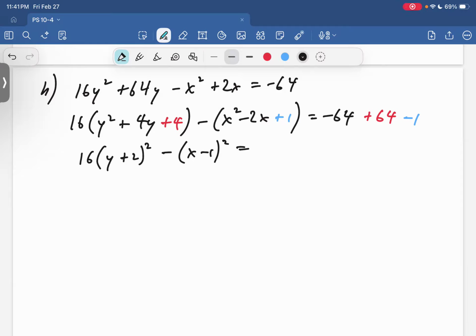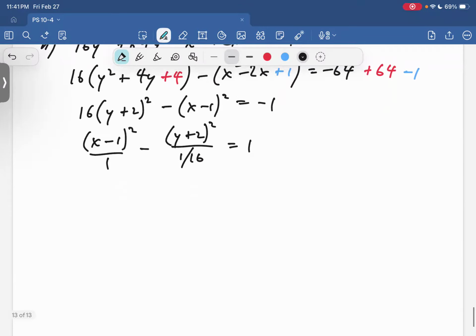Well, the good news is that for a hyperbola, you can always divide by a negative number, because I'll just switch the order. So this is totally fine. I just divided both sides by negative 1.